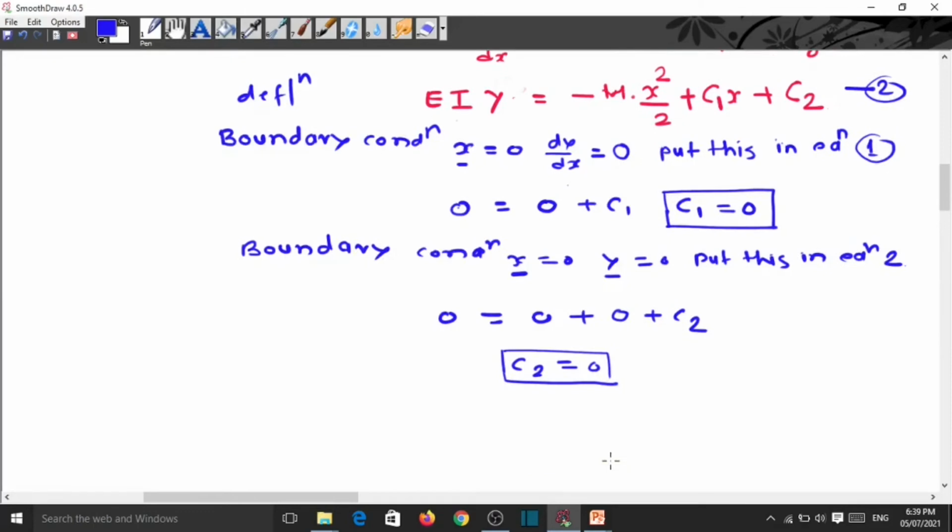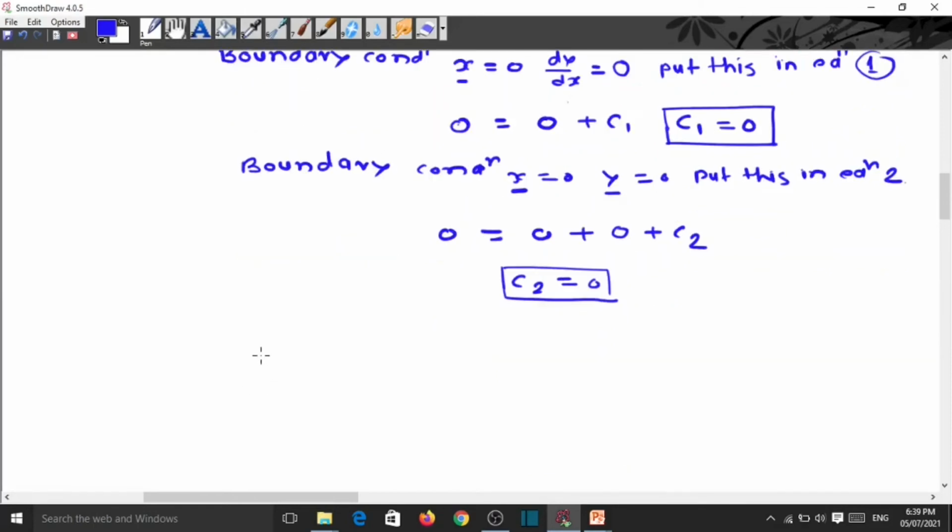Now we write the modified equation of slope and deflection. So slope equation: EI dy by dx is equal to minus M into x. Now our aim is to find the slope at the free end.